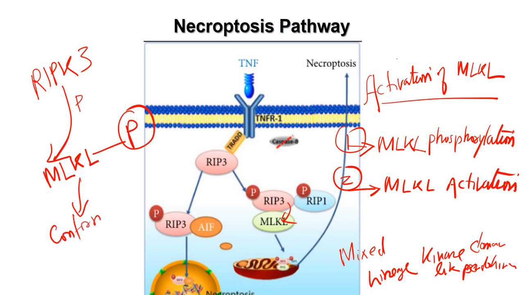It will undergo conformational change, and this conformational change will make MLKL active. Once MLKL becomes active, it will translocate to the nucleus, and after it translocates, it will oligomerize and disrupt the plasma membrane, making it rupture, and it will initiate the downstream pathways carried out by necroptosis.